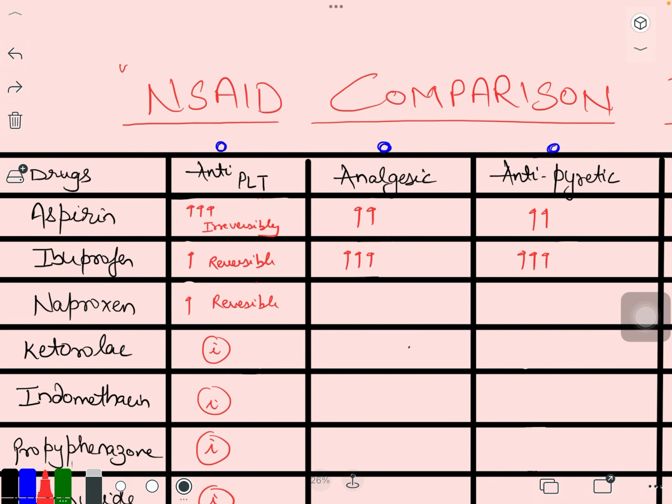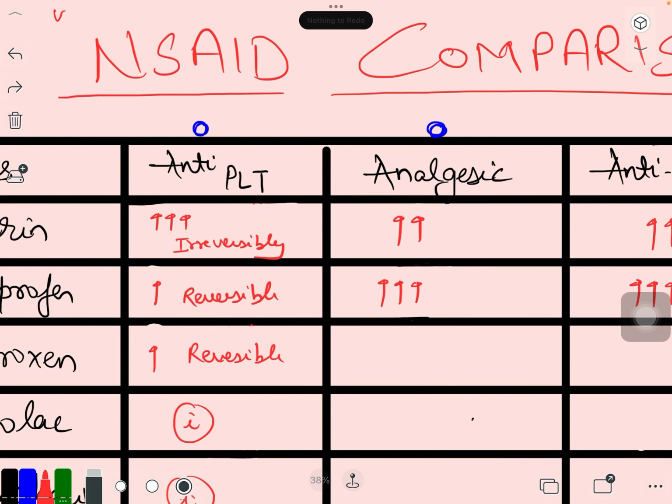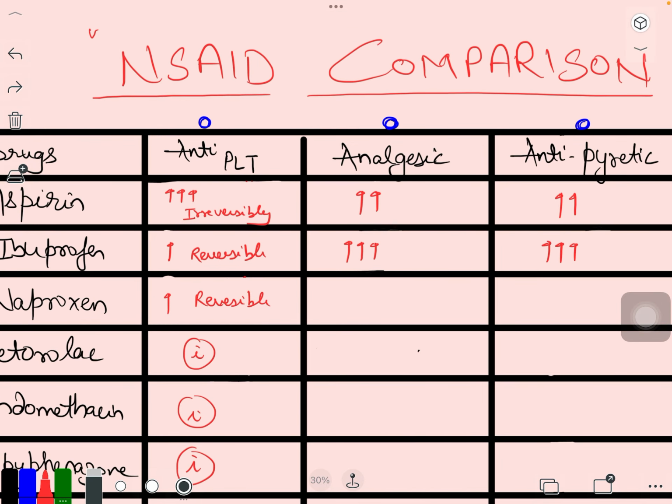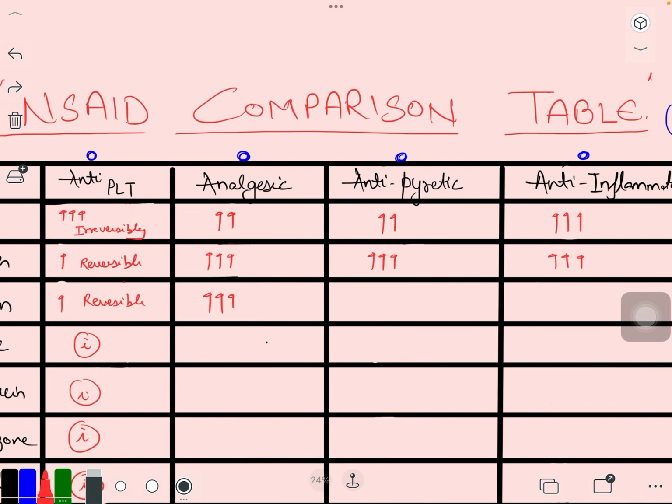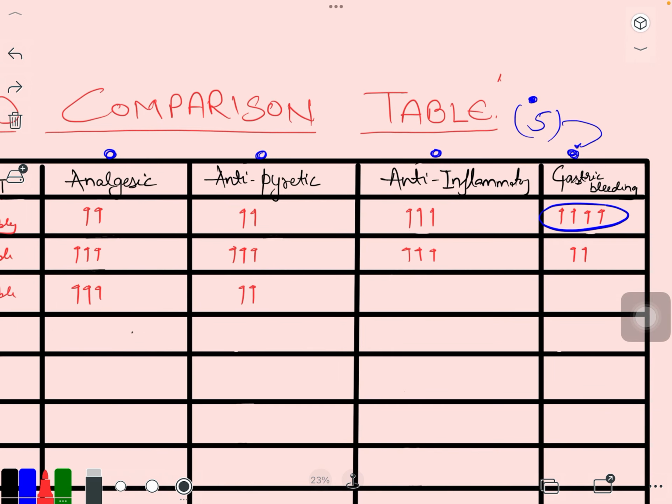but naproxen is a little bit more potent, right? But it is still similar. Naproxen has a less antipyretic property though.